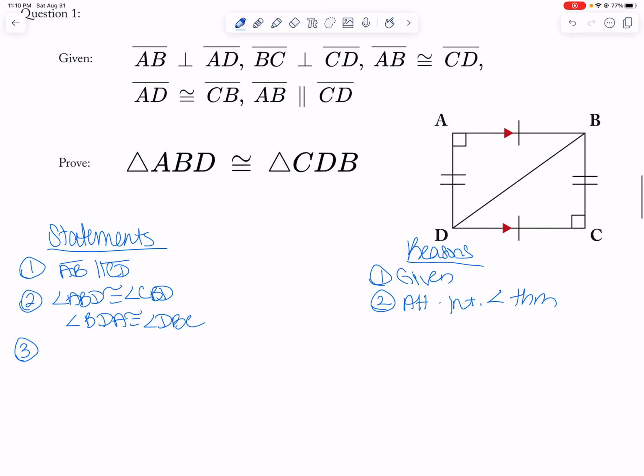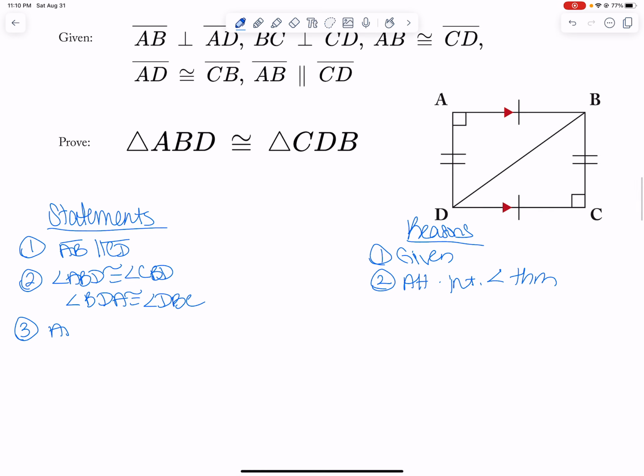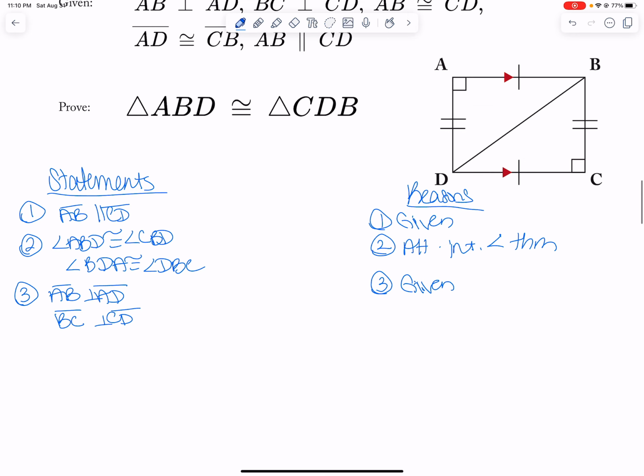And then AB is perpendicular to AD, and BC is perpendicular to CD, which is given. So then angle A is congruent to angle C, because all right angles are congruent.